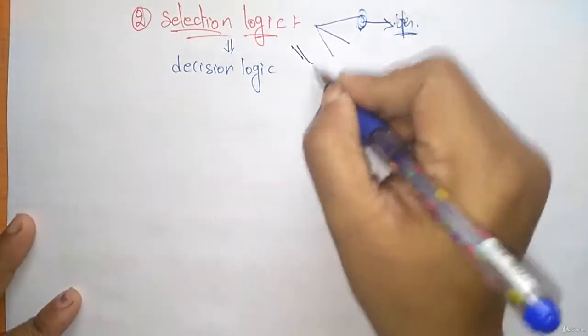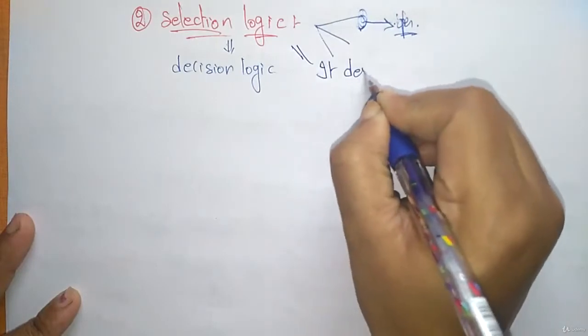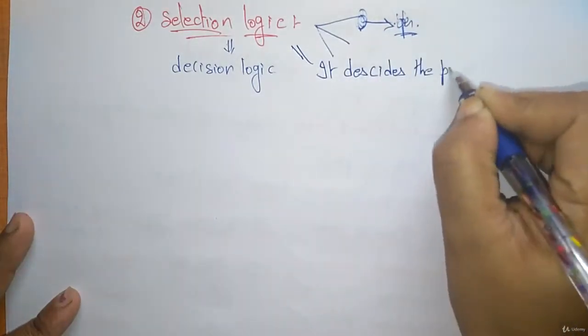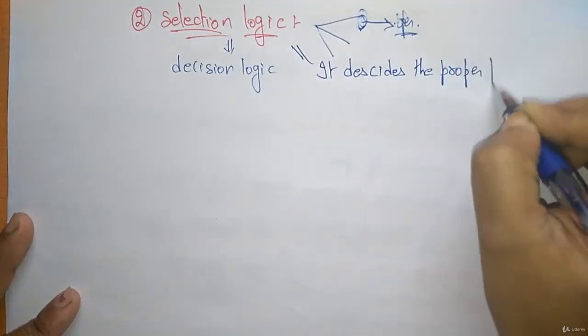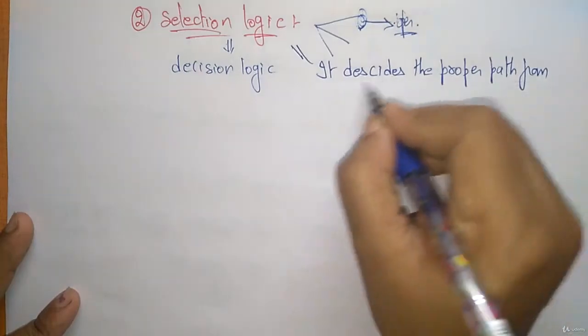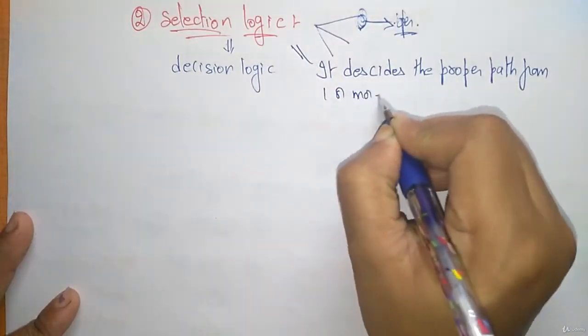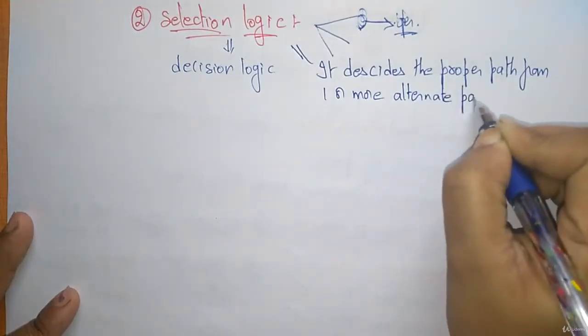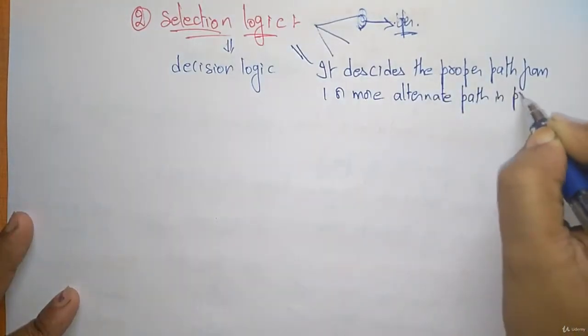So it decides the proper path. You have to mention the proper path from one or more alternate paths in the program logic.